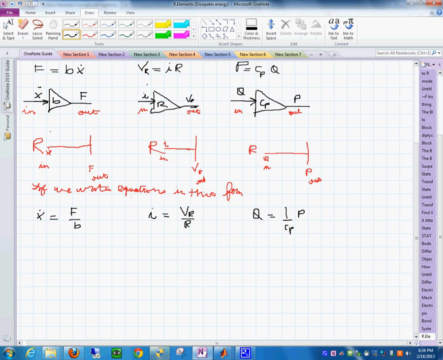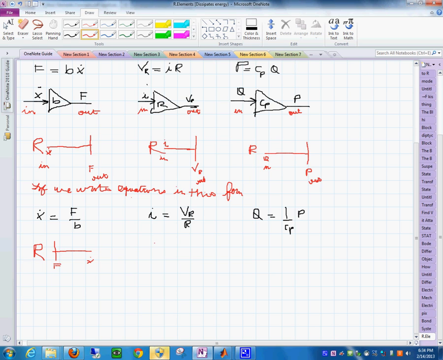If we do this, then it follows that my element is represented in a different way, because what goes out of the element now is the flow. This is x dot, and this is f.